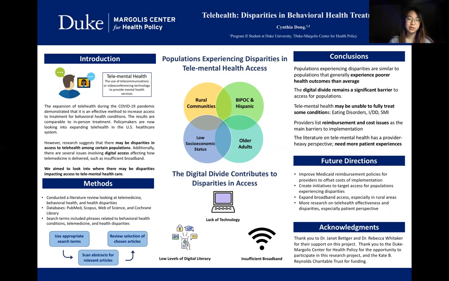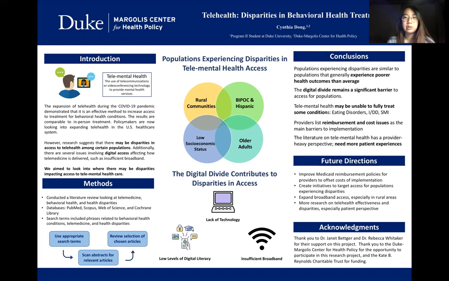The databases that were used included PubMed, Scopus, Web of Science, and Cochrane Library. Using these search terms, we then scanned abstracts for relevant articles, and we chose articles that seemed to fit our needs. After that, we would review these articles to make sure that they were indeed relevant to our research before using them.